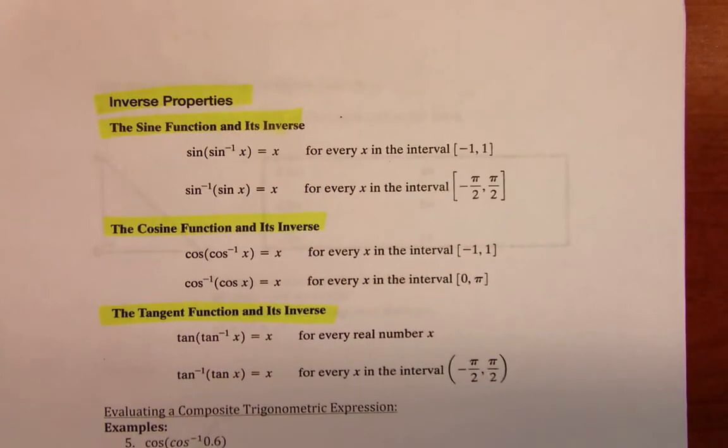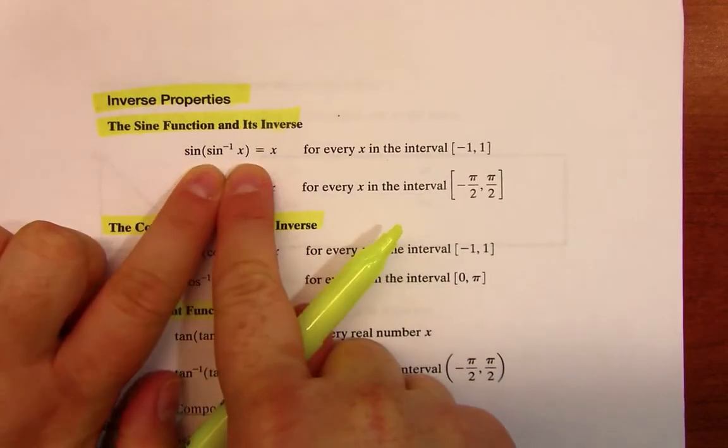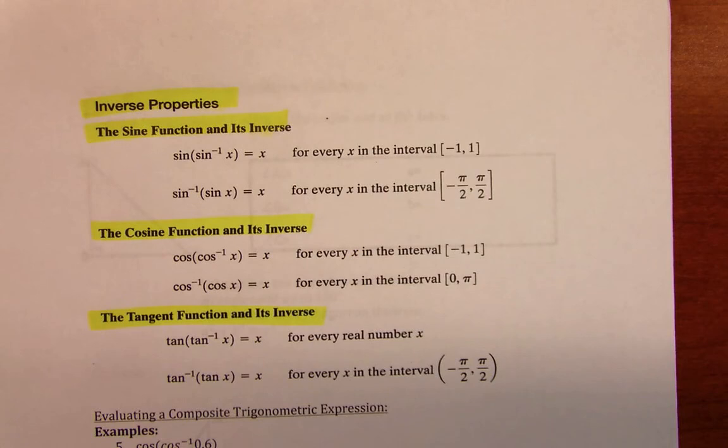So, inverse properties of sine, cosine, and tangent. We're not going to worry about the other trig functions, but what we need to look at here is if I have sine of inverse sine, those are opposite operations.